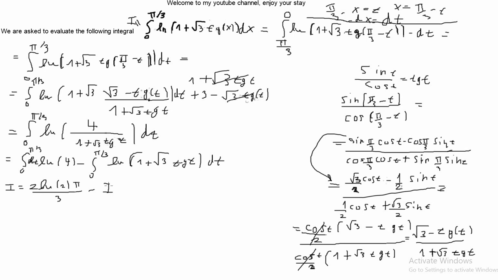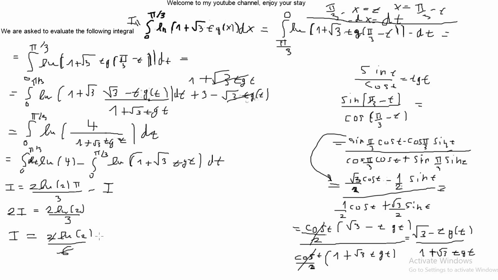And now, how do we end this? We flip this to the other side, and we get 2I equals 2 ln of 2 over 3. Now we flip this down, so we get I equals ln of 2 over 6.